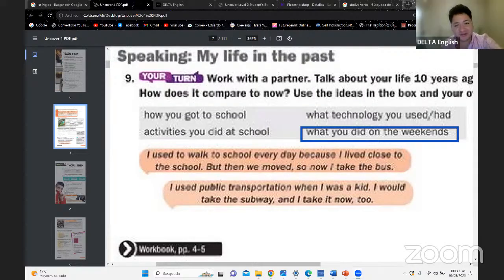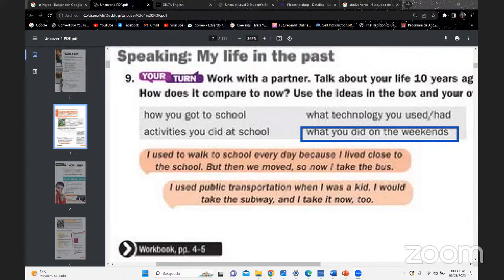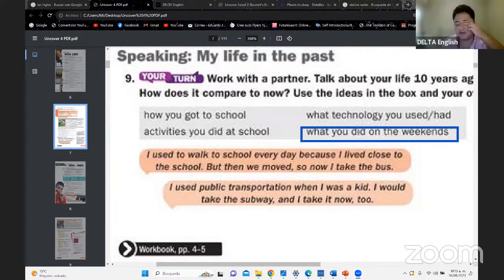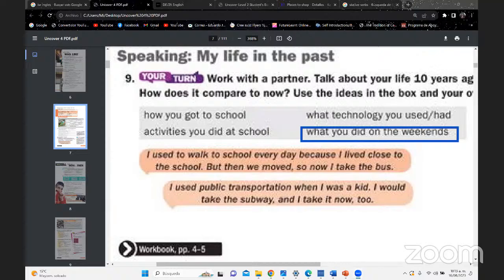Okay, very good. And what did you used to do in Cuernavaca and Coyoacán? In Coyoacán, I used to walk in the center of Coyoacán. I used to drink chocolate at Jarocho, Jarocho's coffee.